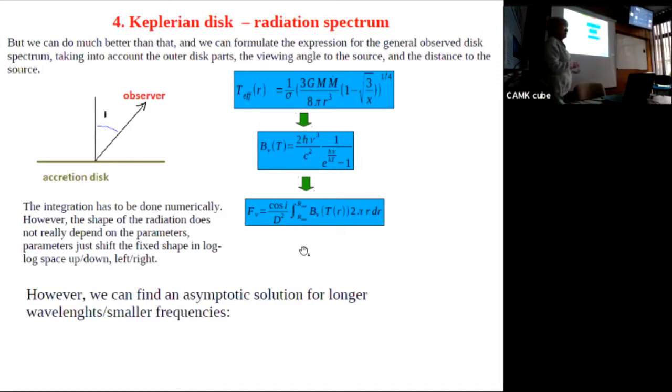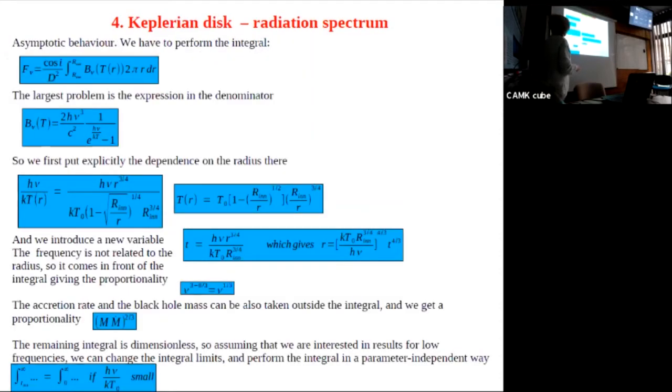And then you have the distance to the source, d, so you have to divide by d squared. And this is then the observed flux from the source. So in general, this has to be done numerically, but we can get an asymptotic expression.